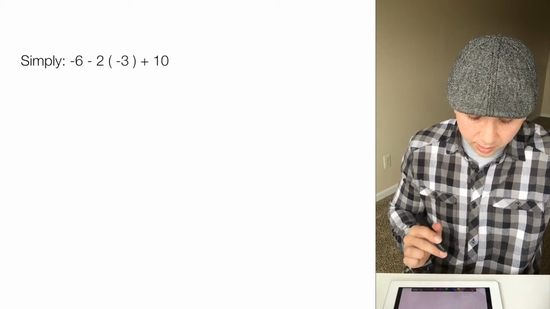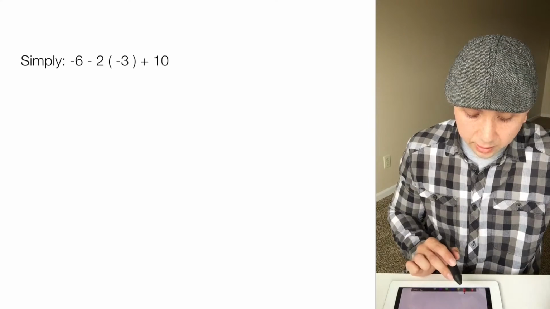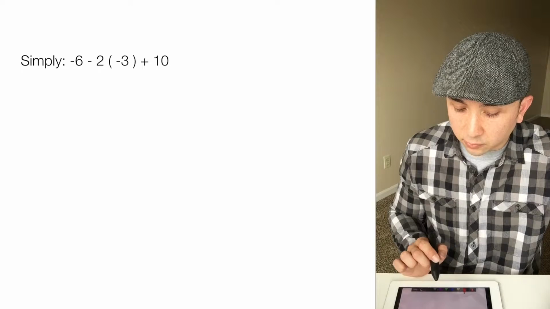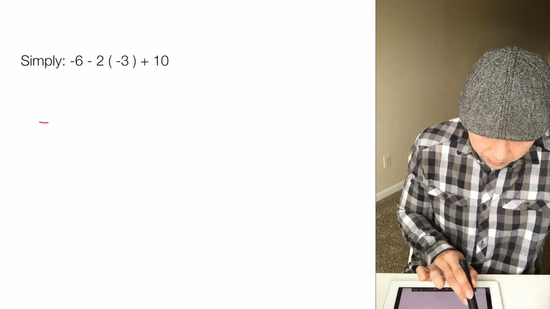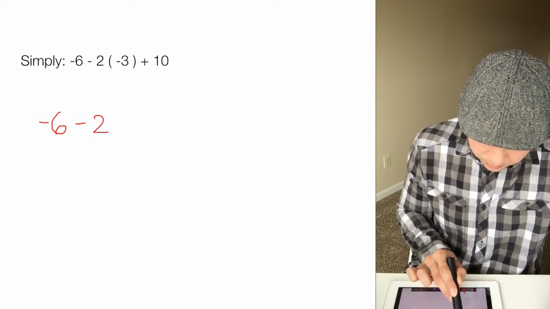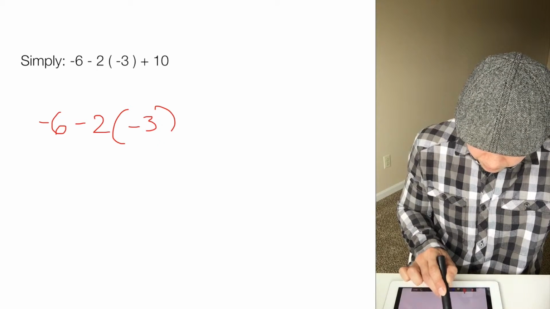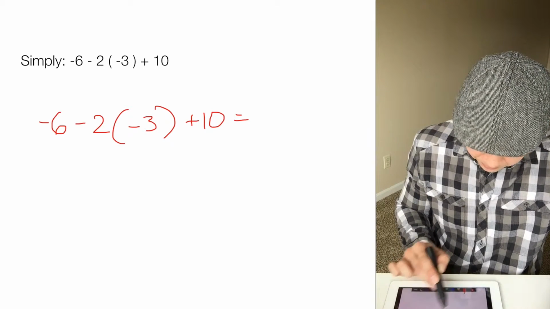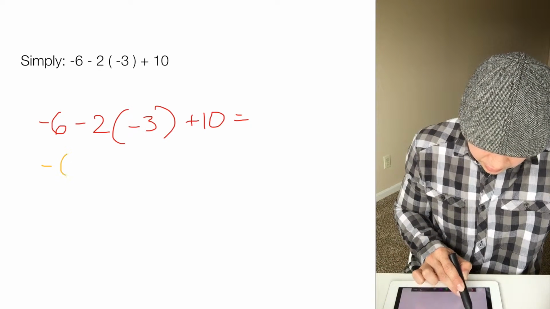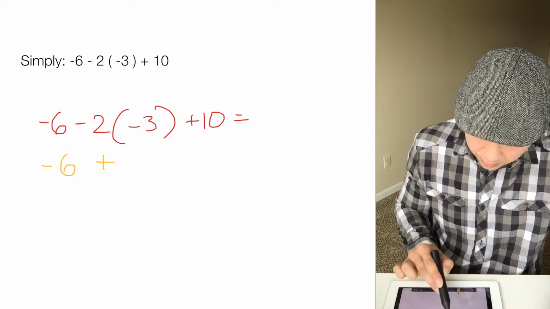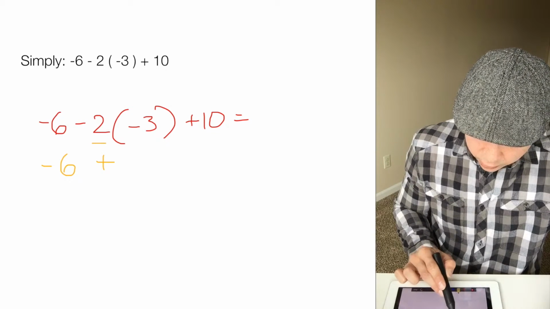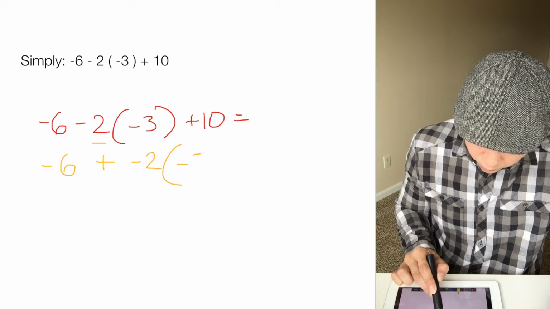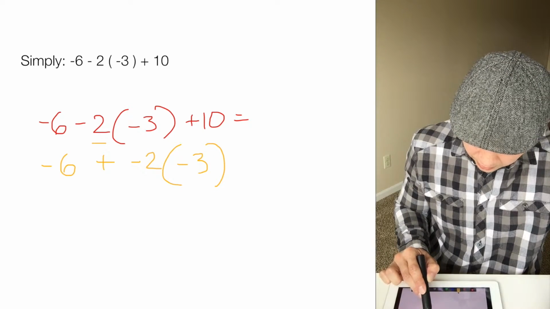So here, let's simplify negative 6 minus 2 times negative 3 plus 10. So let's rewrite this. Now we can rewrite negative 6 plus the additive inverse of 2, which is negative 2, times negative 3 plus 10.